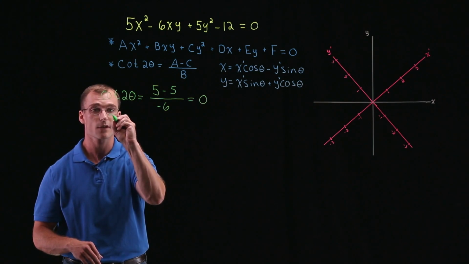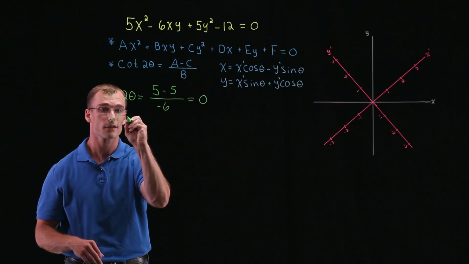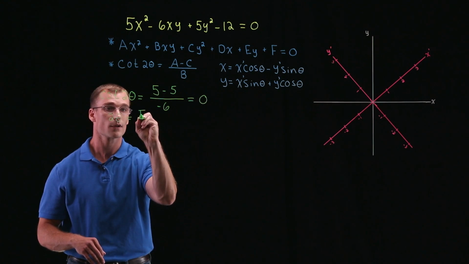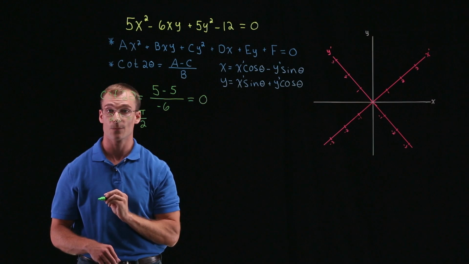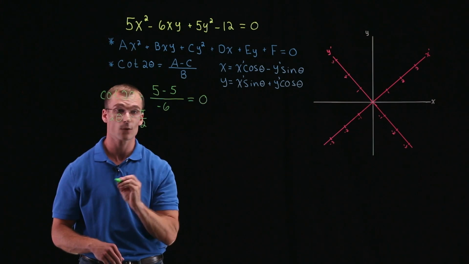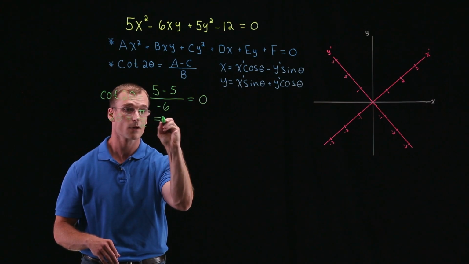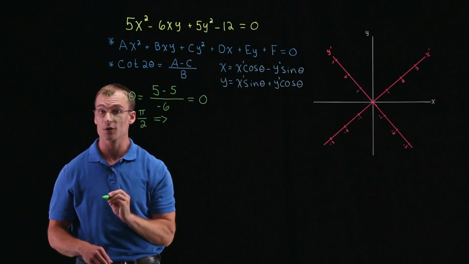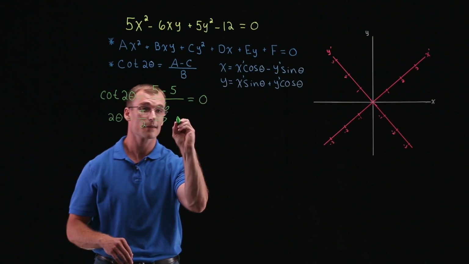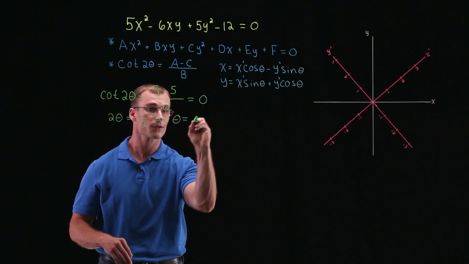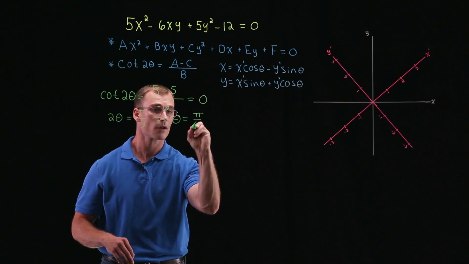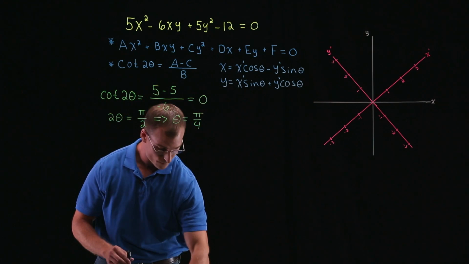So when is the cotangent of 2 theta equal to 0? That's true whenever 2 theta is equal to pi over 2. Solving 2 theta equals pi over 2, multiplying both sides by a half, we get that theta is equal to pi over 4.